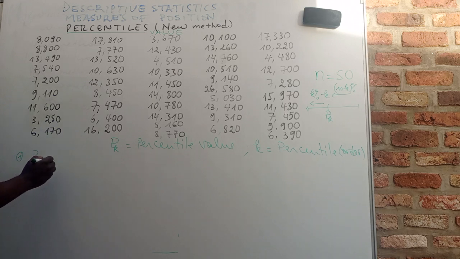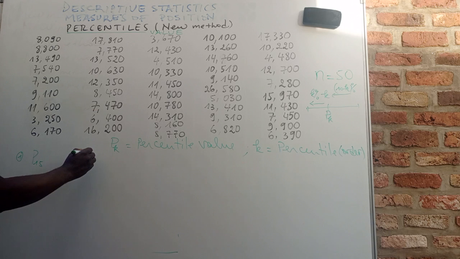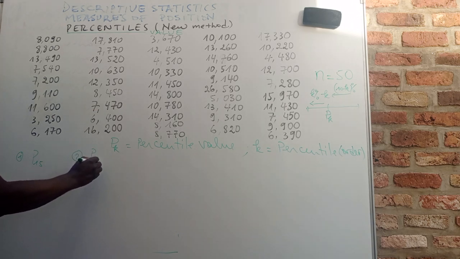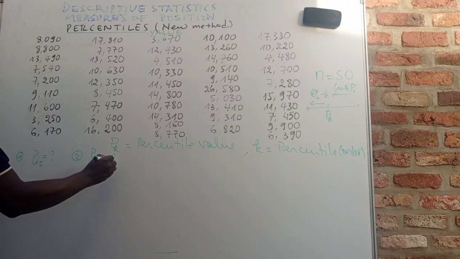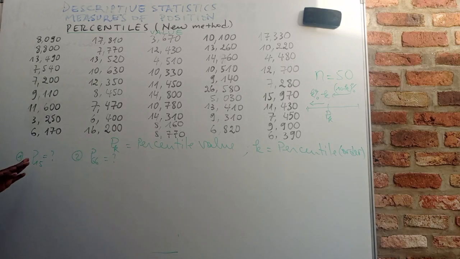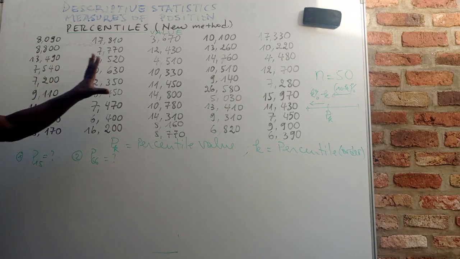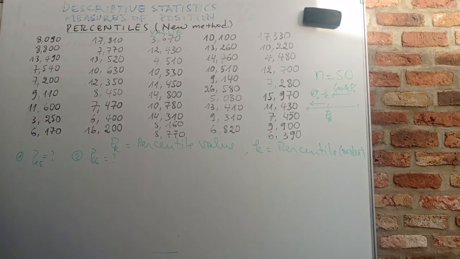The second one, we want to find P_66, for example. For the first one, this is a number among these which divides all data into 15 below it and 85 above it.